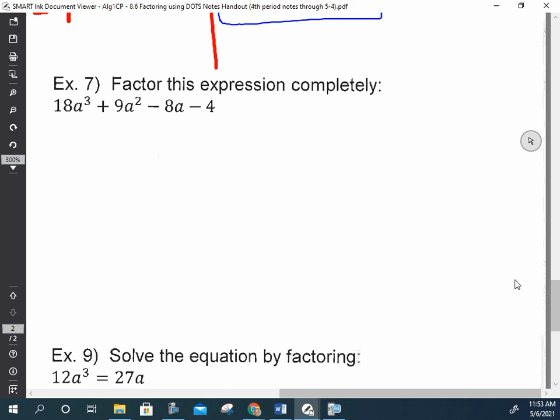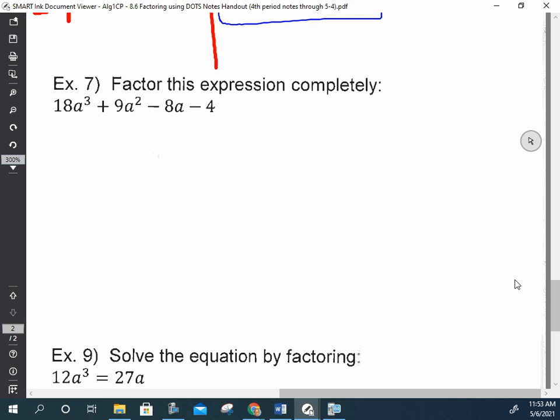First things first, how many terms do we have? Don't be shy. How many terms do I see? 4. So if you have 4 terms, what method can you use?